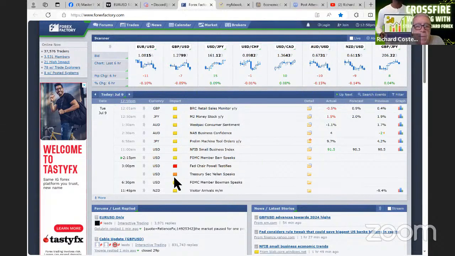So if I was to put a gun to my head and said, when do you think that this is going to happen, I would speculate that the red flag news at 3 o'clock is the point at which price manipulation, therefore price movement, is most likely to happen. But I can't guarantee that. It's just based on previous experience. That's how I'm thinking.